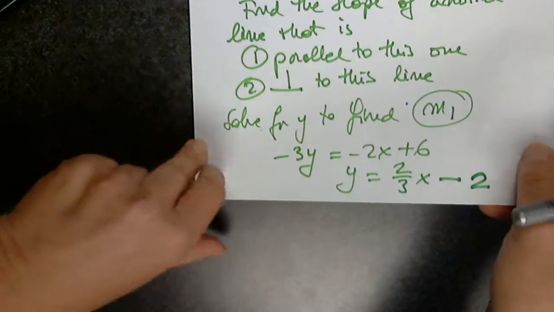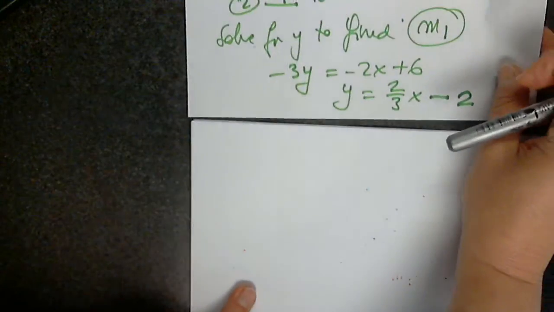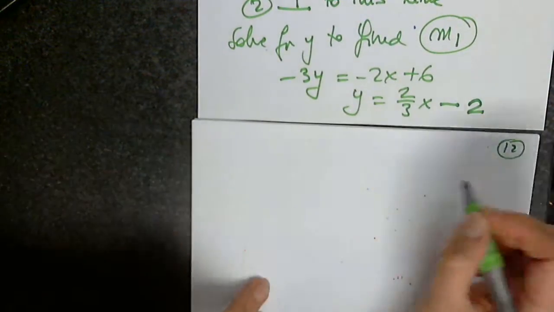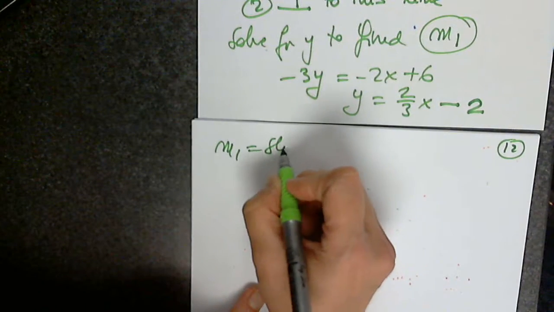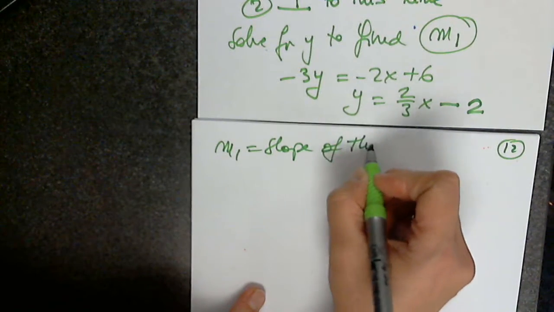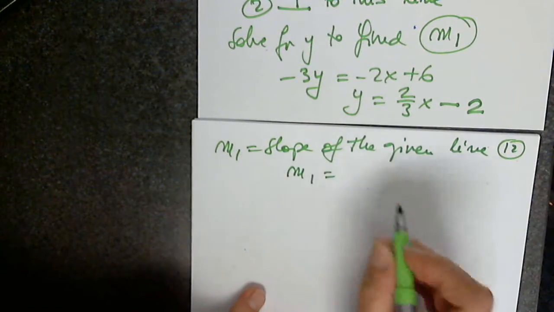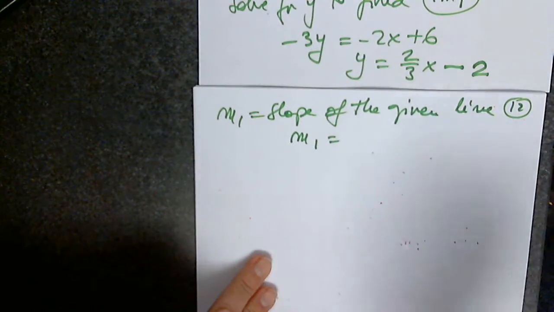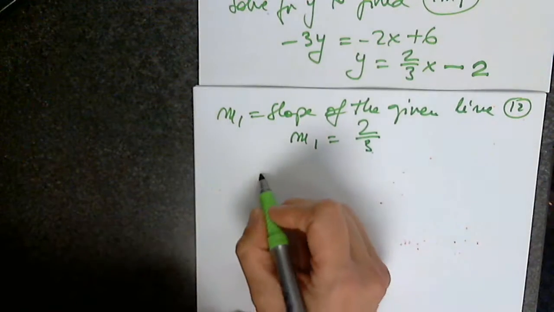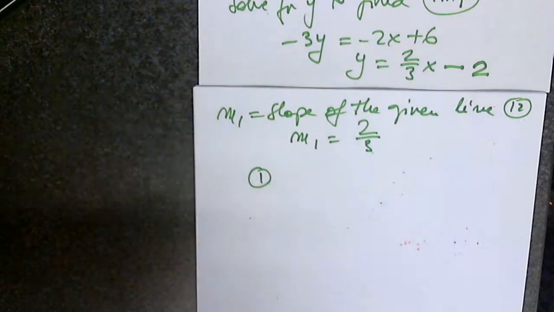Perfect. So I have the slope of the given line, M1, which is 2 over 3. So I'm answering question number 1.